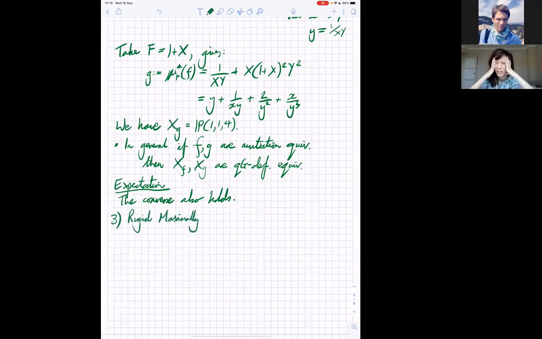Can I ask something? I'm sure I've asked you this before, but if you have two toric varieties that have the same Hilbert series, you don't expect them to be related by a sequence of mutations, right? If you have two toric varieties that have the same Hilbert series, but not necessarily the same period.